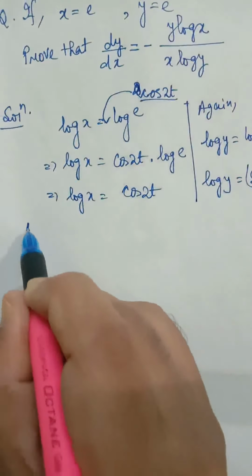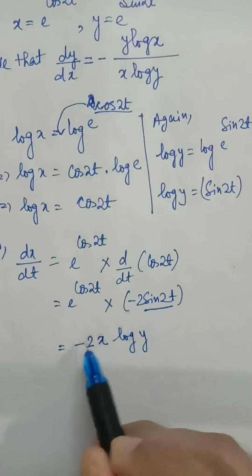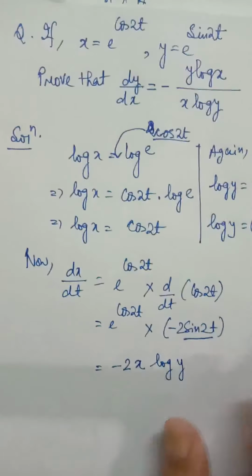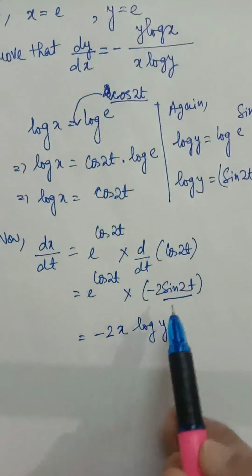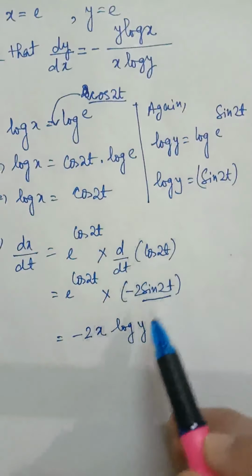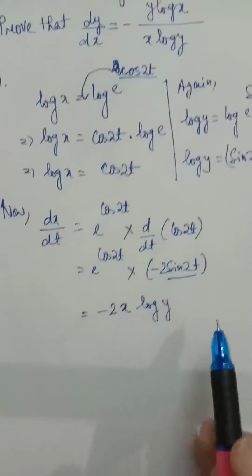Now you can see e to the power cos 2t is our x, and sin 2t equal to log y. So this is our dx by dt, minus 2x log y.